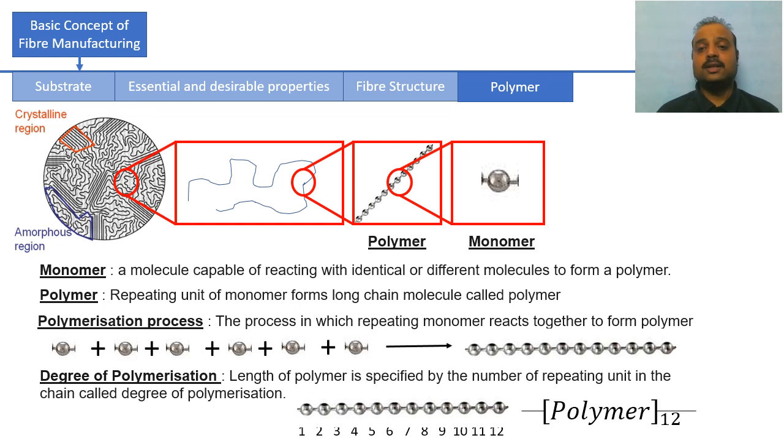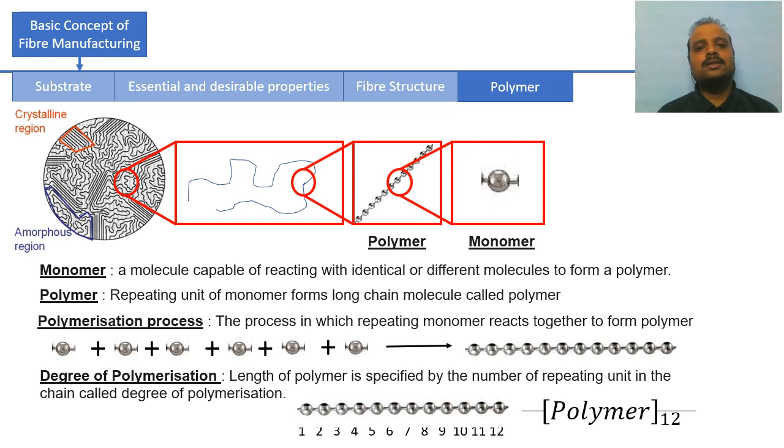That is called degree of polymerization. In our example, there is a polymeric chain present over here, which is made up of combining 12 monomers together. So degree of polymerization is 12. In our example, 12 monomers join together and form a polymeric chain, so 12 is the degree of polymerization.